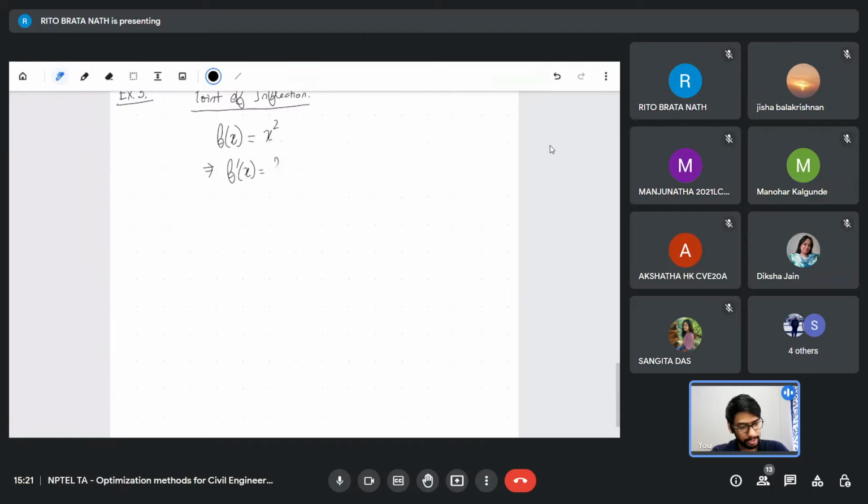So this is your 2x, and if you set it to 0, I think I made a mistake, let's have x to the power 4 here. Your first derivative gives you 4x cubed, which is 0, and if you solve, you will get x equals 0. Now your second derivative, f double prime x, is 12x squared, and your f double prime 0 is 0.